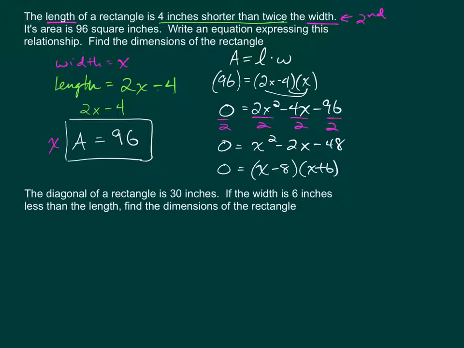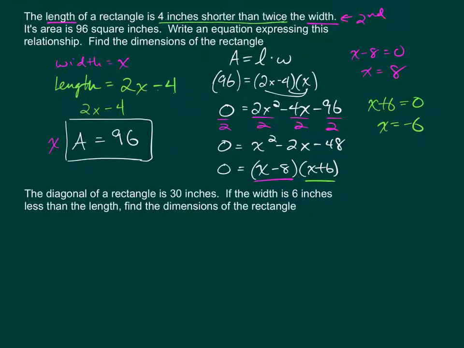So then from here, you can take each one of these factors, set it equal to 0. So x minus 8 equals 0, that tells me x equals 8. And x plus 6 equals 0, that means x equals negative 6.